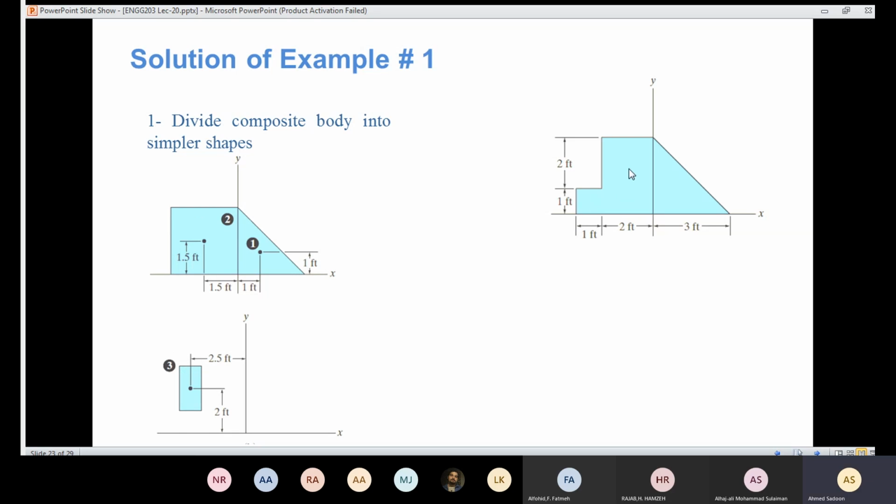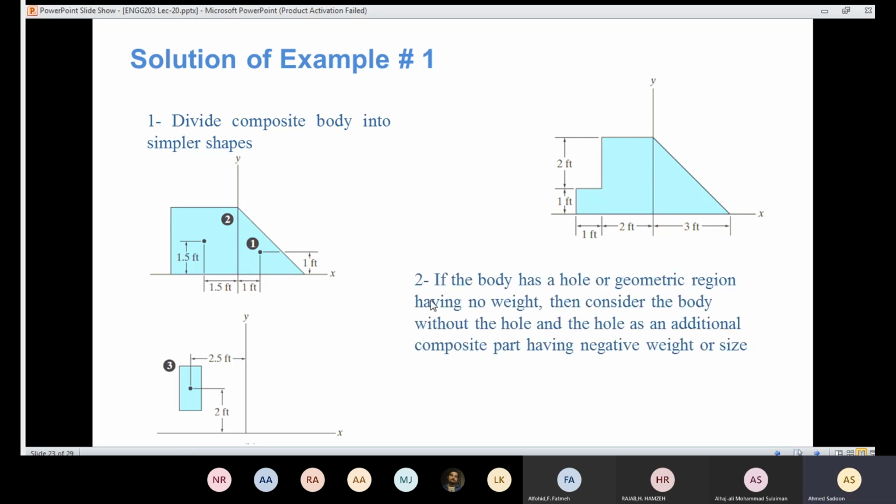Similarly, if I'm going to have a hole there, I'm going to ignore the hole, but I'm going to create a new part here, and the area is going to be negative. So this example is very important to let you know how to deal with a hole or a gap inside your composite body.